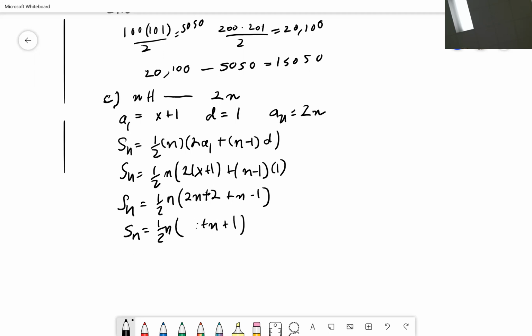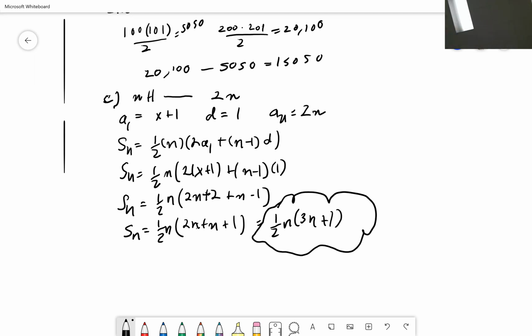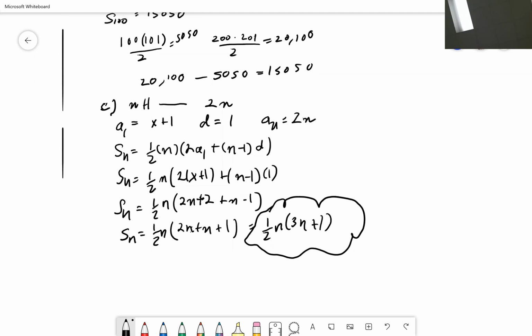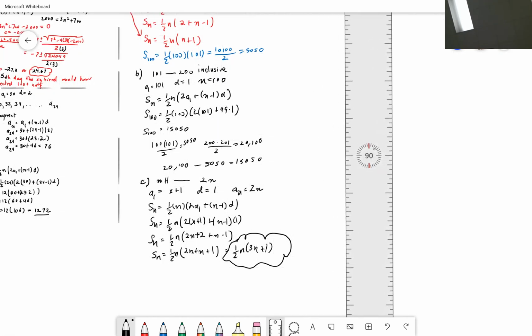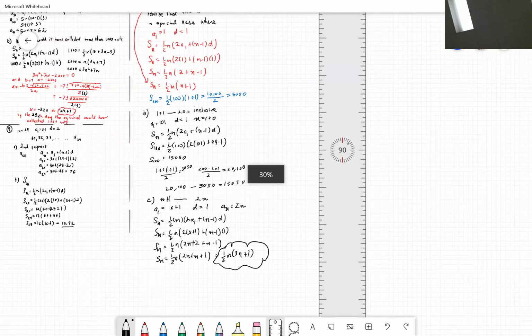And I get the same answer as the book did, which is allowable. However, it would be nice to know what n is. So this is what they want. That's what they want.